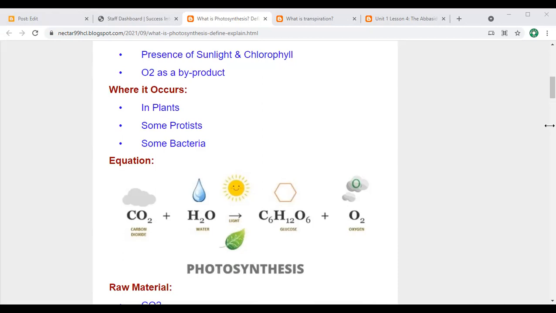Here is the carbon dioxide that you get from the atmosphere. From where do we get carbon dioxide? From air. Now the second thing, water. From where does water come into the plant? Water comes from the roots.